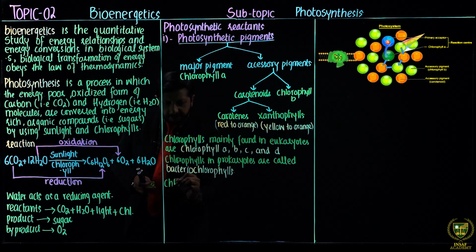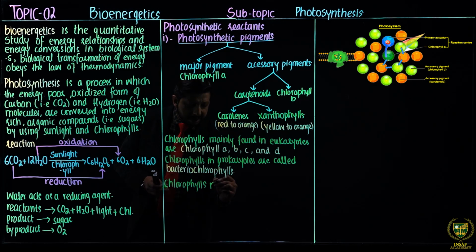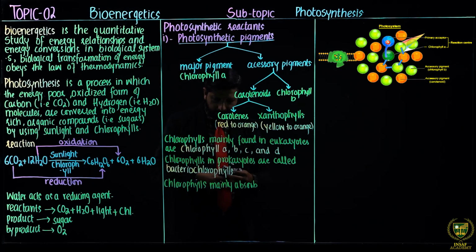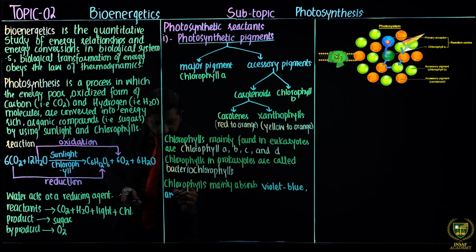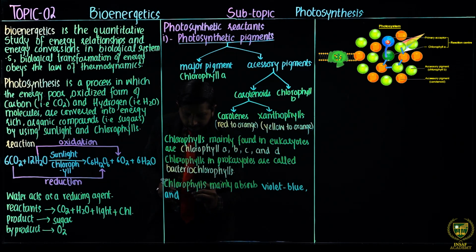If we talk about their absorption, the chlorophylls mainly absorb violet to blue, and orange to red lights.